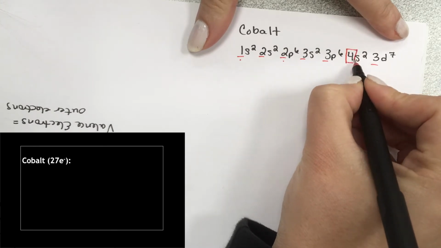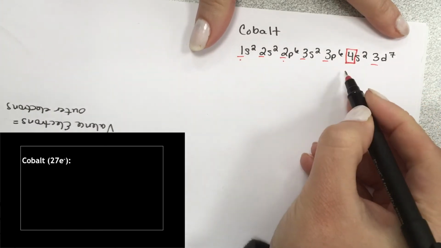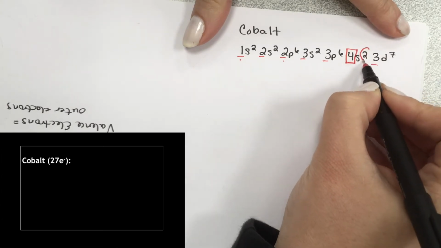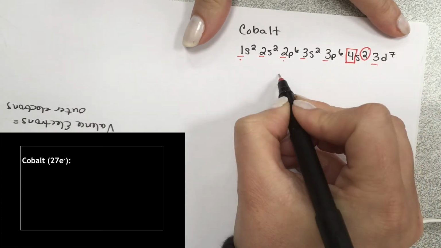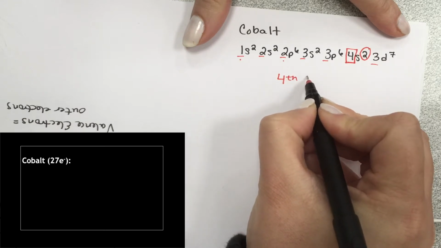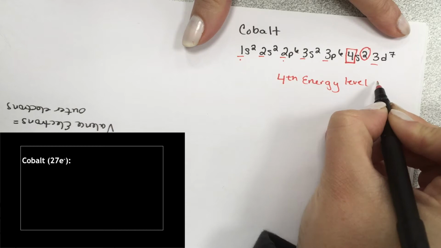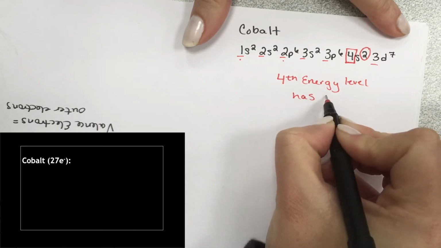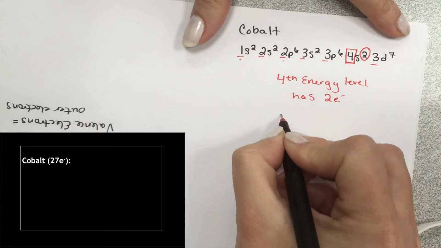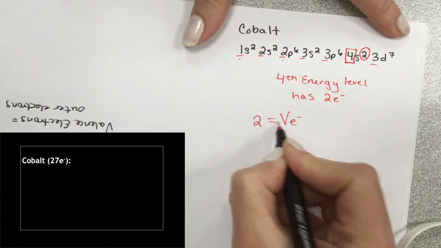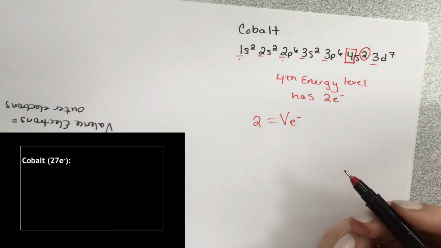The highest energy level is 4, which happens to be second from the end. Then you count how many electrons the 4th energy level has. It has 2 electrons in it. So then there are 2 valence electrons, okay? That's it. So easy.